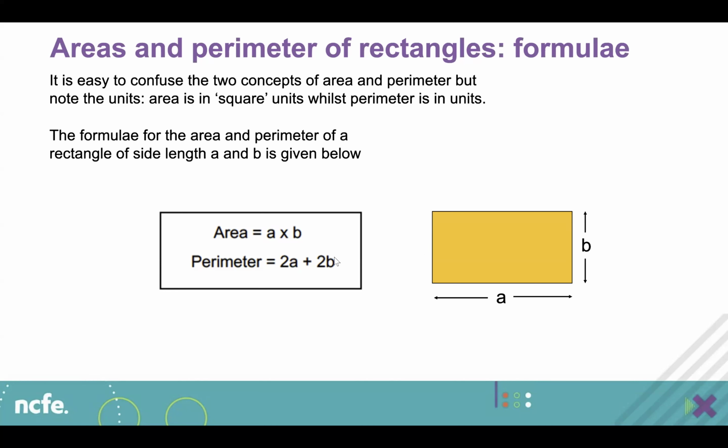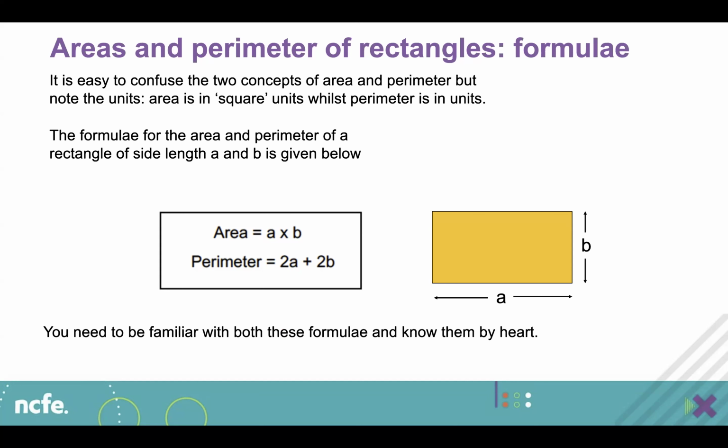So area would be A times B and perimeter would be 2A add 2B, sorry, not times 2B. You need to be familiar with both these formulas and know them by heart.